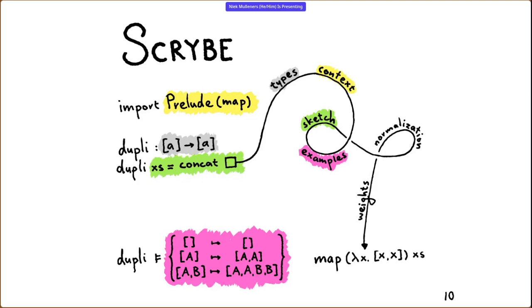Okay, he's on the stage now. So currently there is not a very nice way for programmers to specify exact weights for the functions that are in scope.